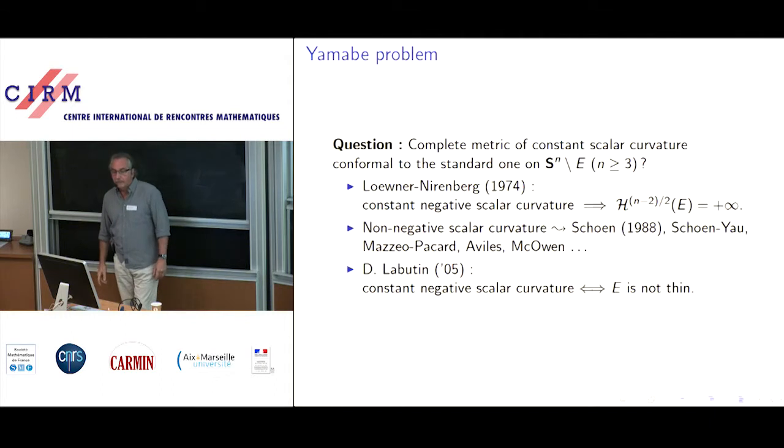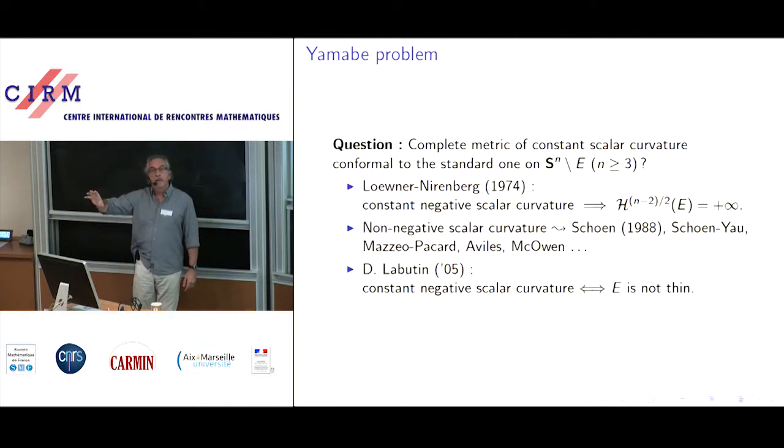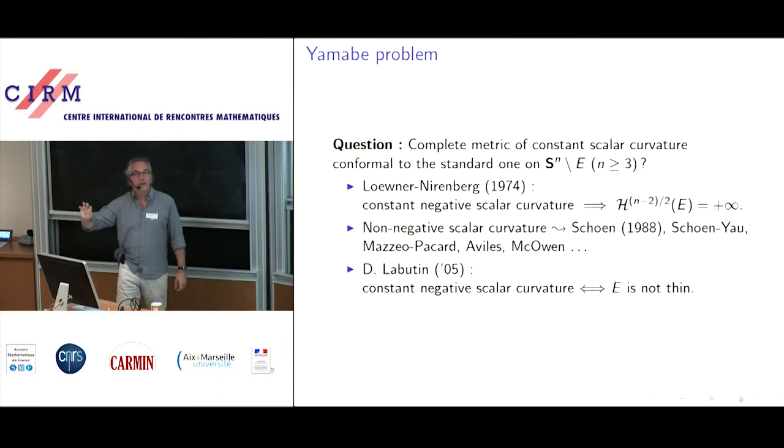And it says that if you're looking at this situation, a closed set in S^3 or S^n, and you look at the complement and ask yourself, does there exist a constant scalar curvature metric conformal to the spherical metric which is complete in this complement?